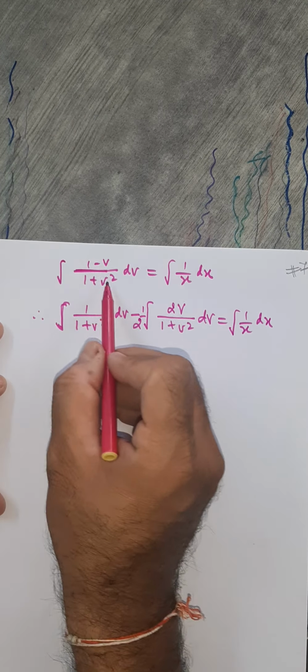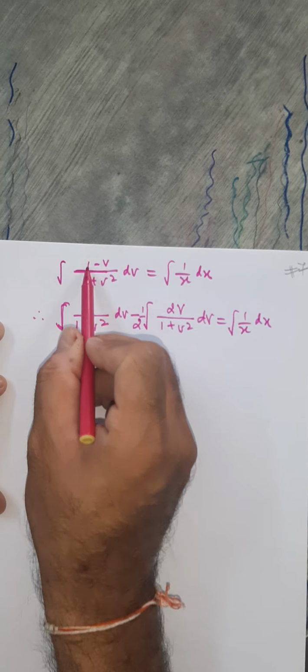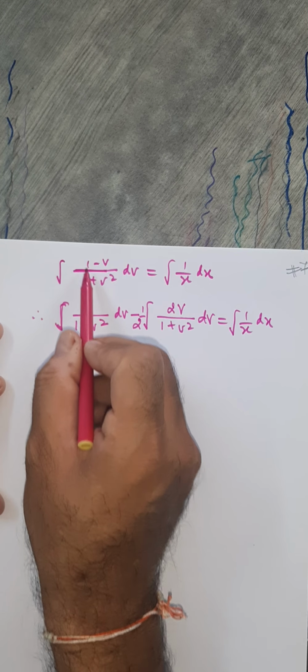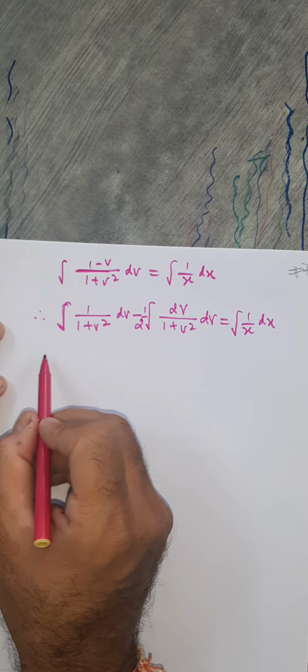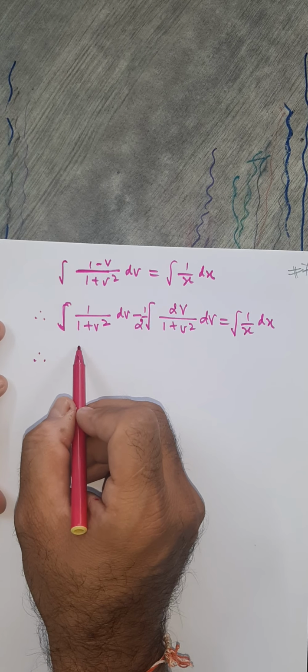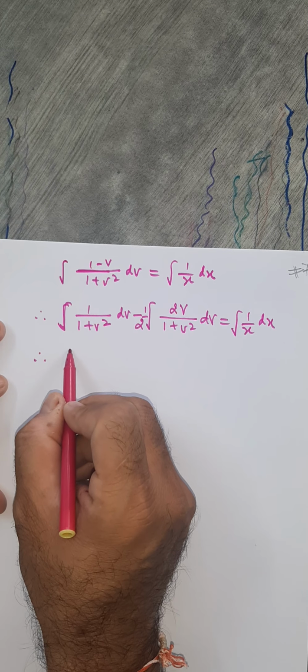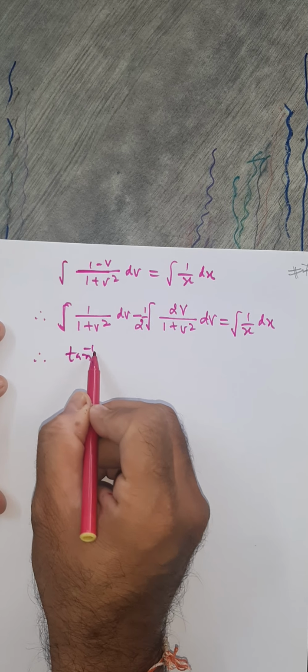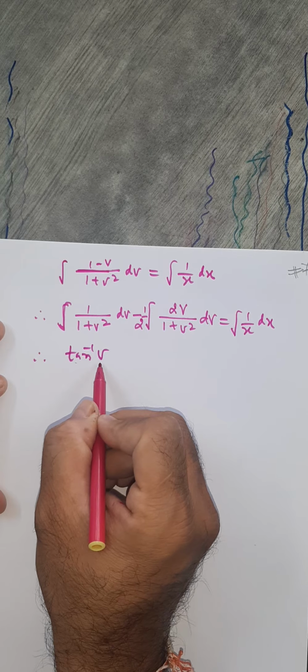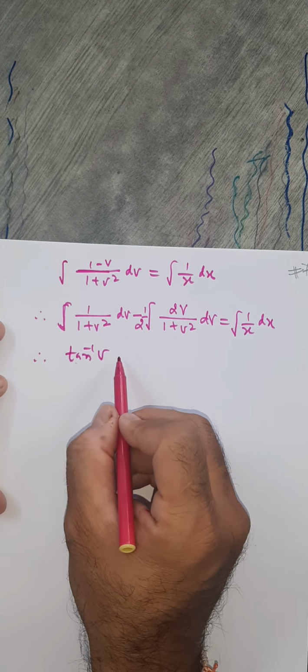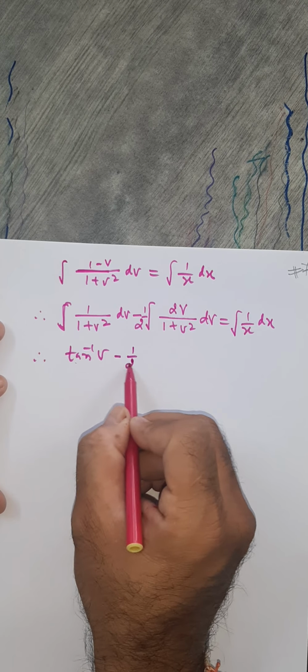I hope this is clear to you. This is linear upon quadratic. First what I did was individual division, and then just setting the derivative. What is this? This is a very well known standard form: tan inverse v. What's the derivative of tan inverse v? 1 upon 1 plus v squared, minus 1 upon 2 as it is.